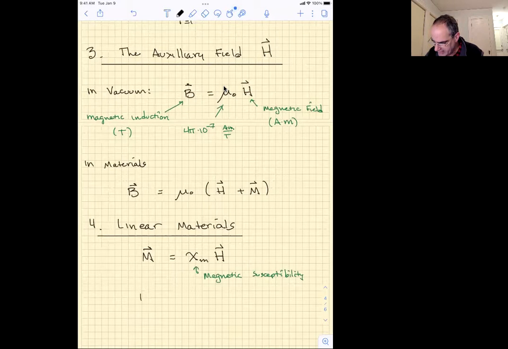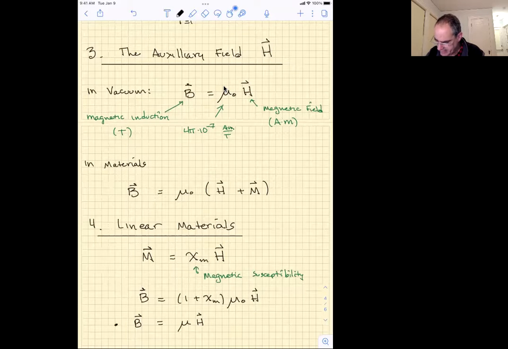And so in that case, B is equal to 1 plus magnetic susceptibility times mu naught times H, or this is just written as the permeability times H. Okay?